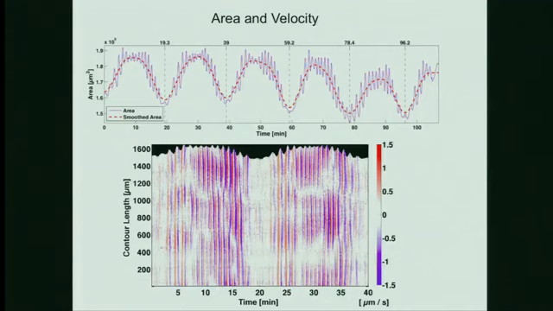Now you can do image analysis. You get the contour, and you find the normal velocities. And of course, these big wiggles show up as plus and minus velocities of the surface, of the equatorial surface of your microplasmodium. And the velocities we find here are on the order of a micron per second.